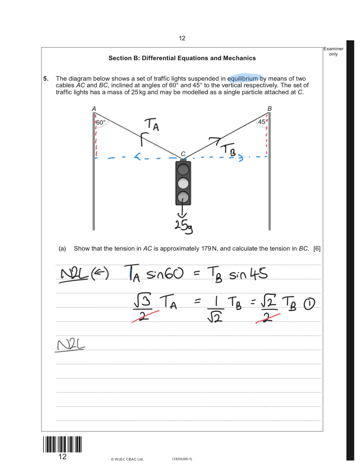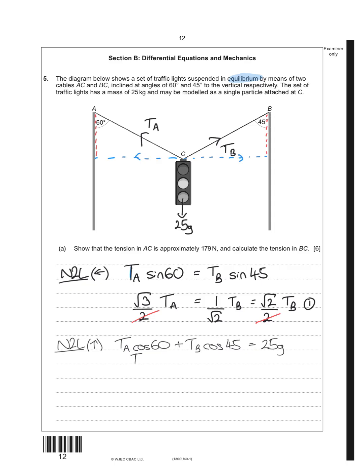Newton's second law vertically now, and the reason I said this one's harder is just because there's one more term. So I'm now going to say that up forces, so TA cos 60 and TB cos 45, are equal to all of the down forces, which is 25g.